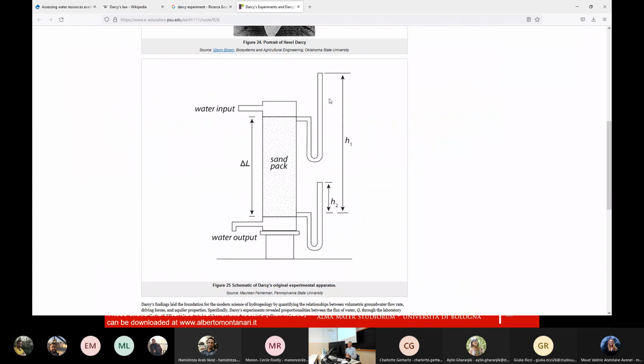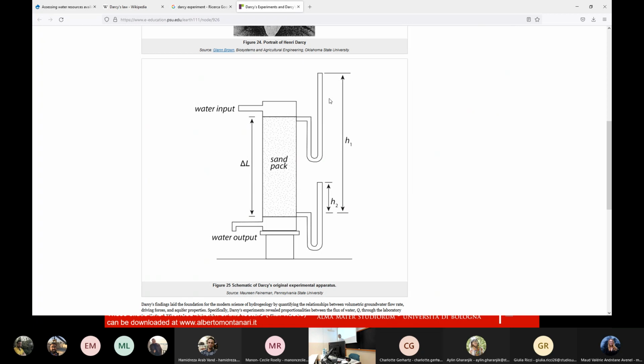Okay, so this was what Darcy did, which is very, very simple. He basically took a sandbag, put it vertical, and poured water from the top, and then water was flowing from the bottom.